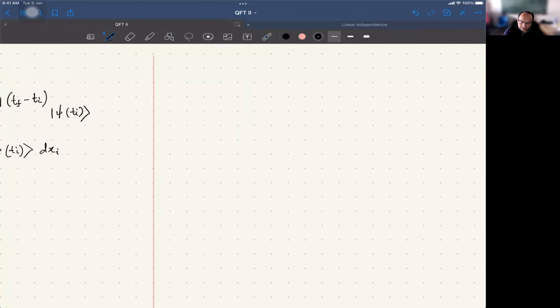In the vertical direction, I have time in this picture. Initially, you had a wave function, this is psi i, and in this direction is x.